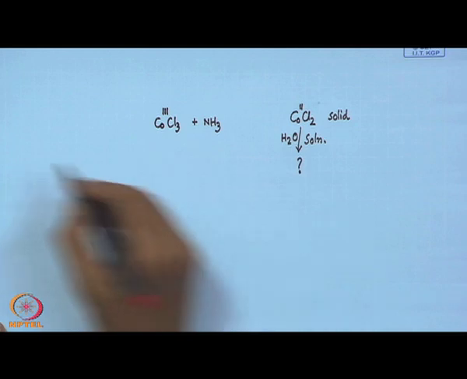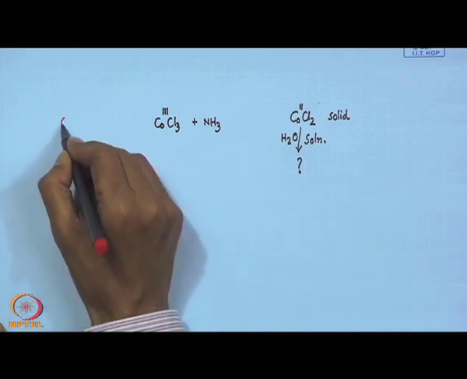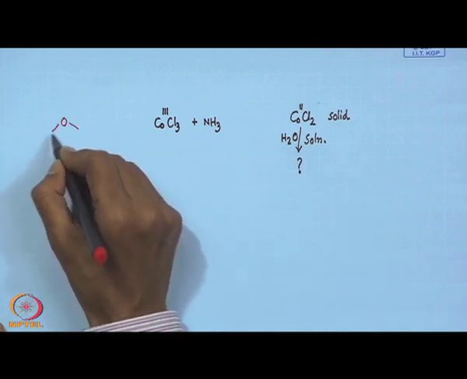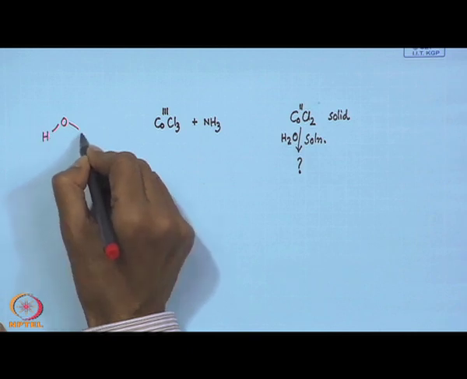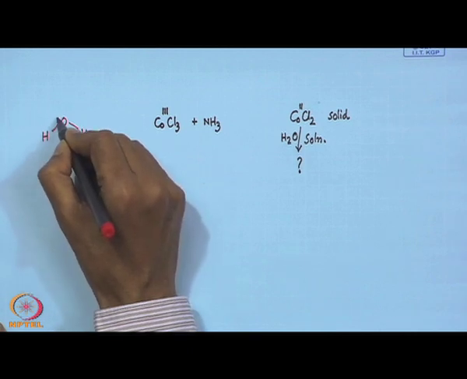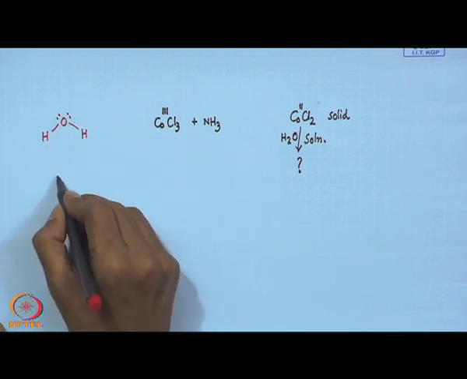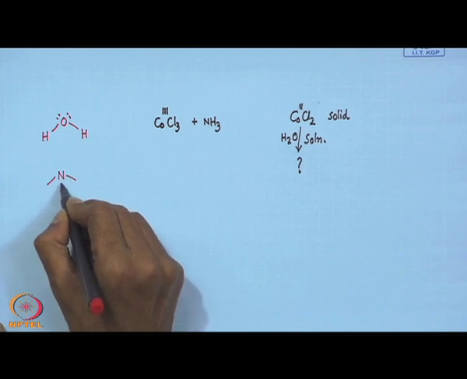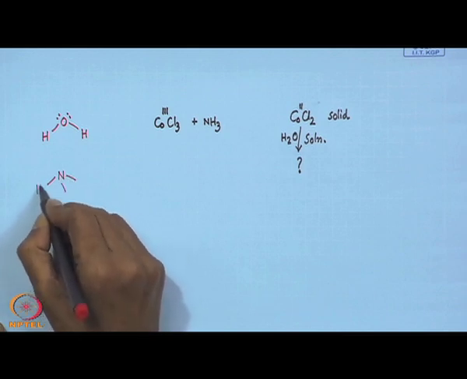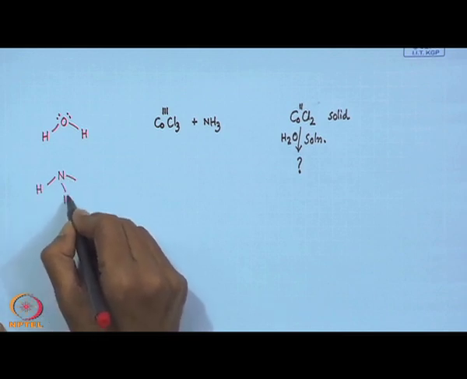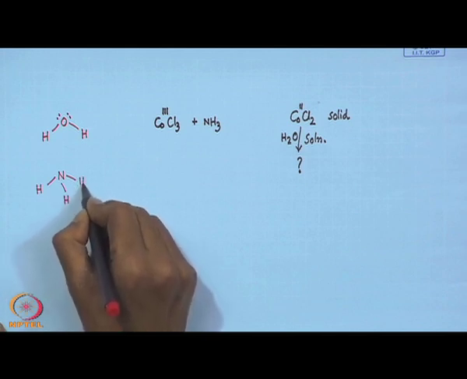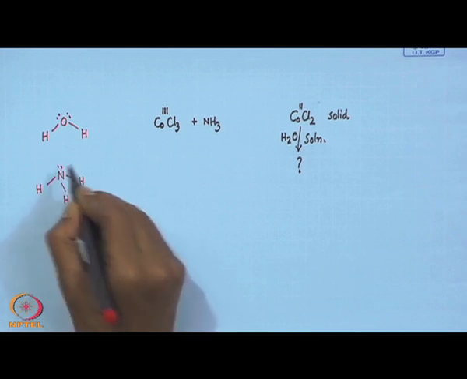So, we have seen that the water molecule has 2 lone pairs of electrons, and now this is getting changed. We are bringing another molecule, ammonia.